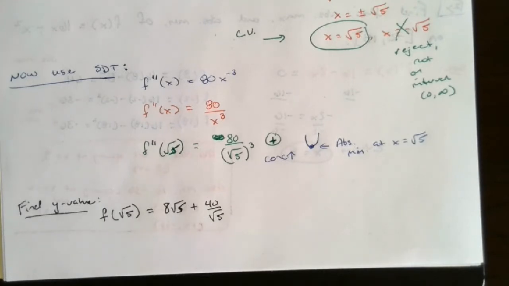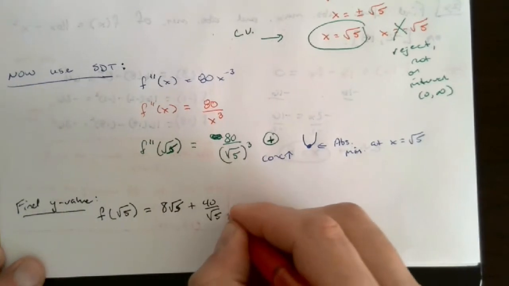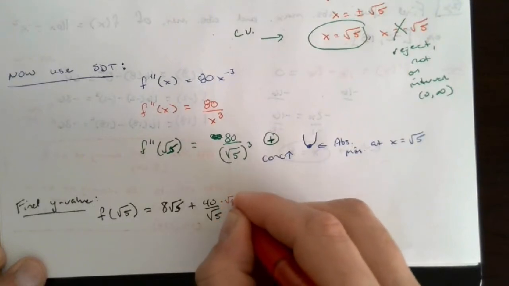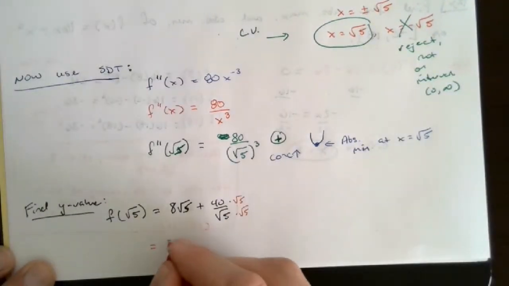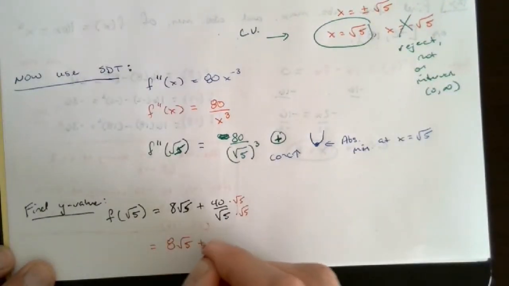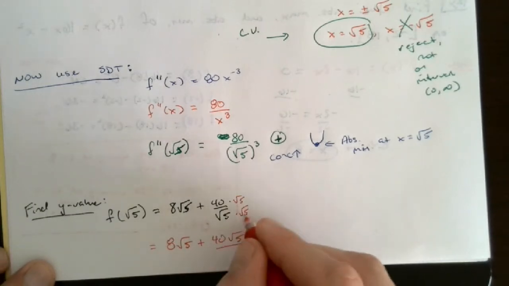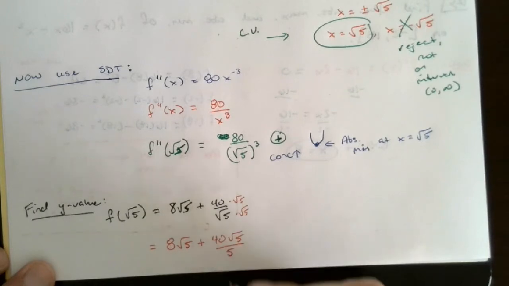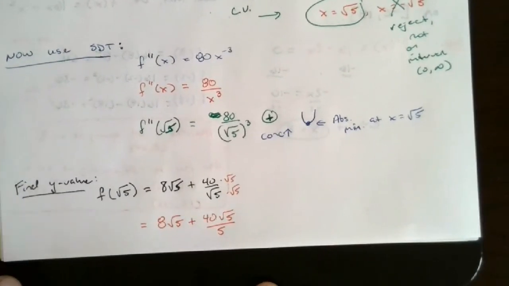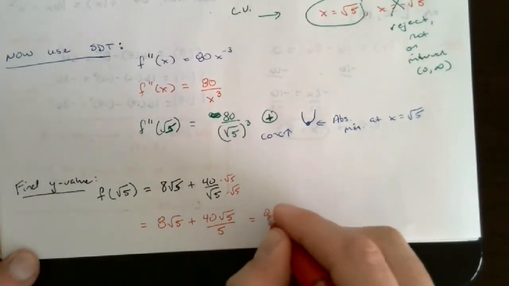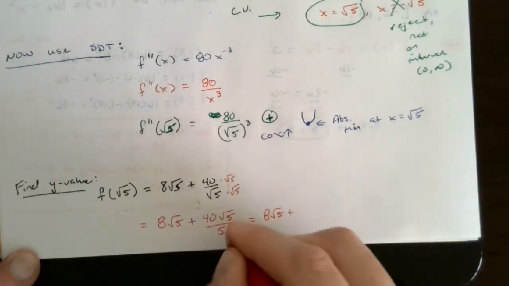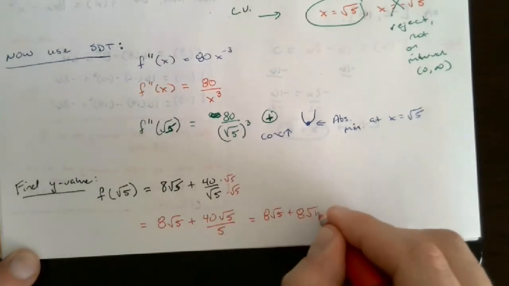If you were to try to rationalize this, let's take a look at what would happen. You'd multiply this by the square root of 5 over the square root of 5. You'd end up with 8 square root of 5 plus 40 square root of 5 over, square root of 5 times square root of 5 is just 5. And then this equals 8 square root of 5 plus 40 divided by 5 gives you 8 square root of 5.